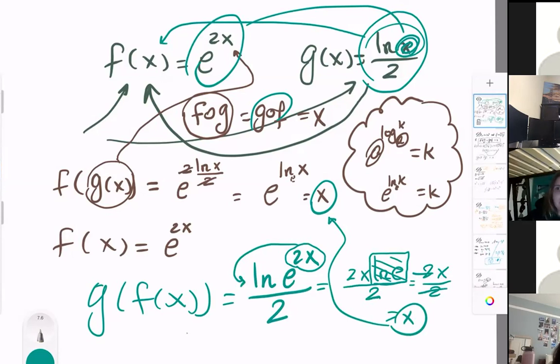So what happens if you only find one x, but you don't get it for the other one? Very good question. So you would say they are not inverse of each other, but one of them is the inverse of the other one. But usually the question is, are they inverse of each other? You're going to say, no, they are not.